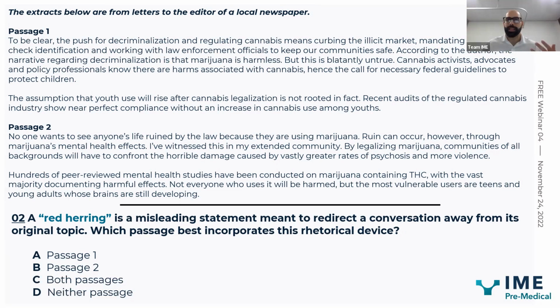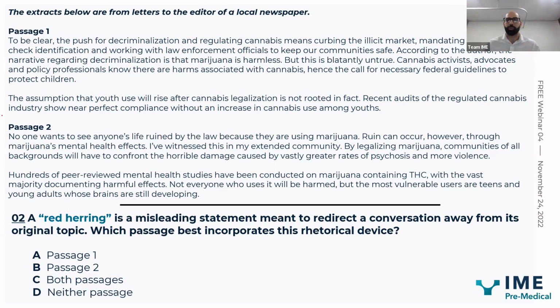To be honest, there is no red herring here, because they started off by saying that we understand that we need to curb the illicit substance market, but at the same time, we need to address the issues here, which are that making marijuana legal is a problem. And to be honest, it's not necessarily a red herring.